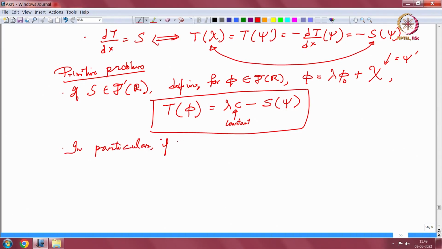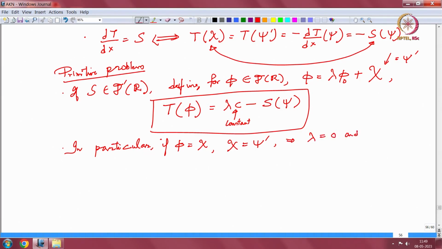If phi is equal to chi, that is equivalent to saying that your lambda is equal to 0. So for some lambda the integral value is 0, so chi is equal to phi, then chi is equal to psi prime immediately, and in this case lambda is equal to 0, that is the meaning of lambda equal to 0.